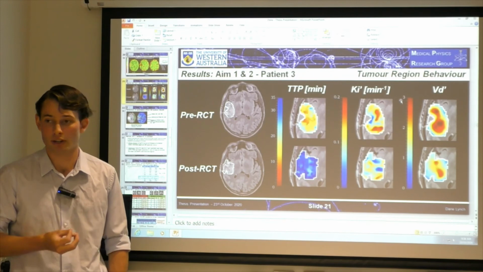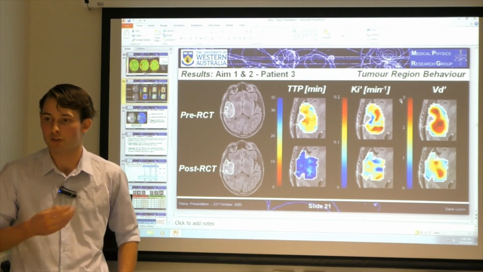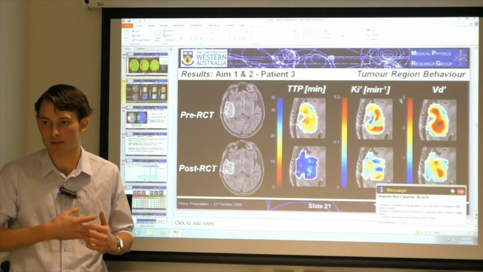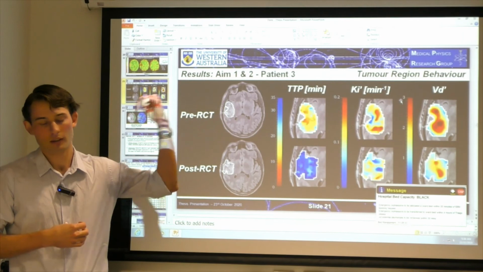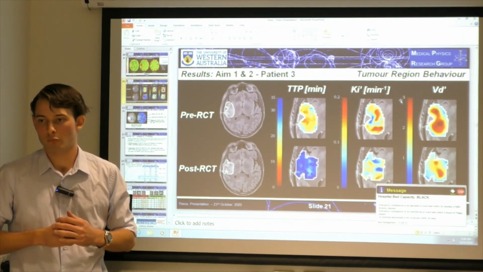And these aggressive tumour cells have been shown to have elevated metabolisms for amino acids. And that's why you would expect an increased Ki to be shown.